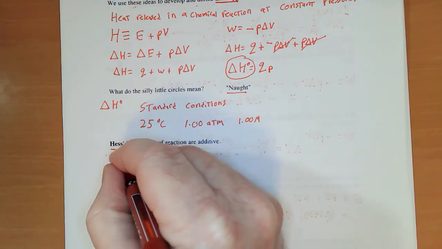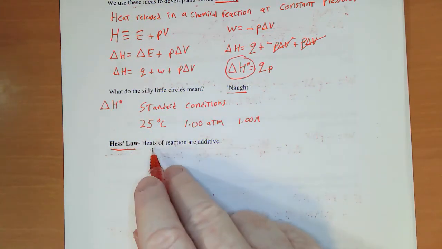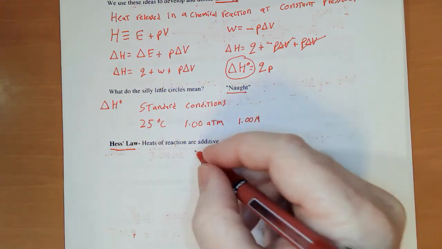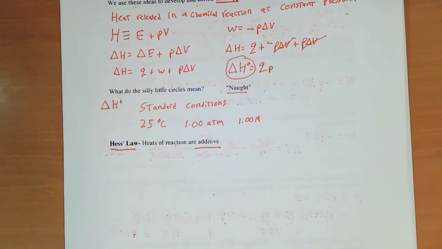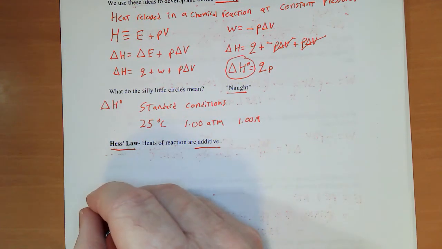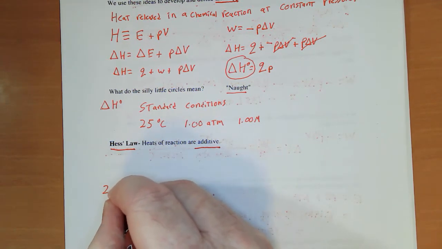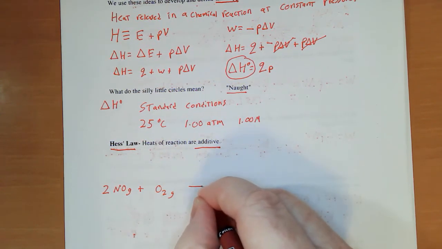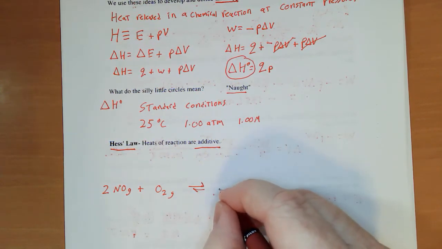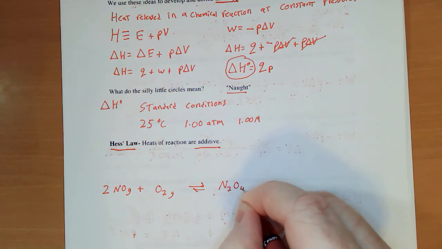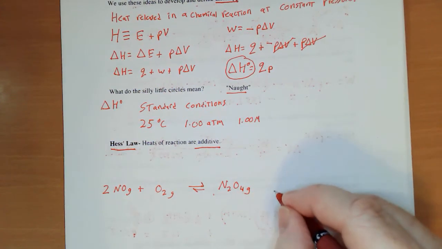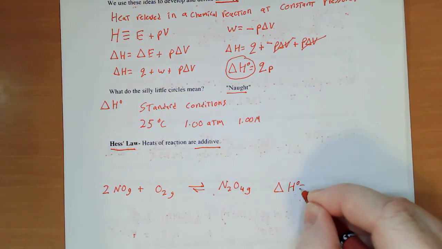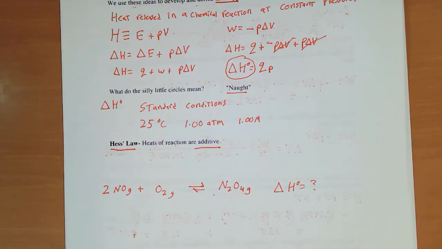And now into Hess's law, which states that heats of reaction are additive. Go to your math books and remind yourself about the additive property. So I'm thinking of the reaction 2NO gas plus O2 gas to give N2O4 gas. And I want to know delta H naught for this reaction, except I don't know it.